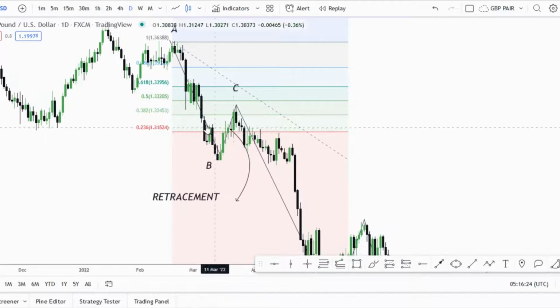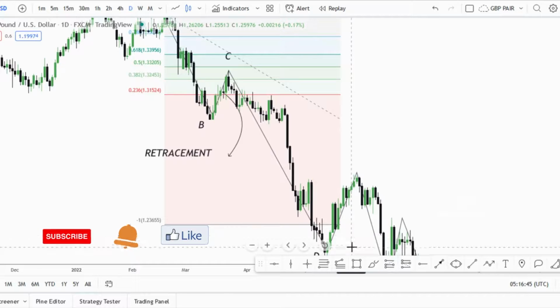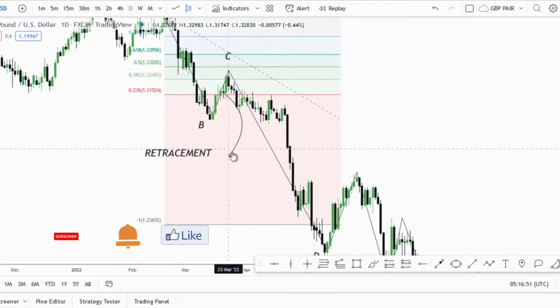So at this level, if you are sticking to 0.83, when price gets to this level, you're expecting another impulse after this short retracement between B and C. Then you should expect a push to D. So going forward, we'll be talking about Fibonacci retracement and Fibonacci extensions.